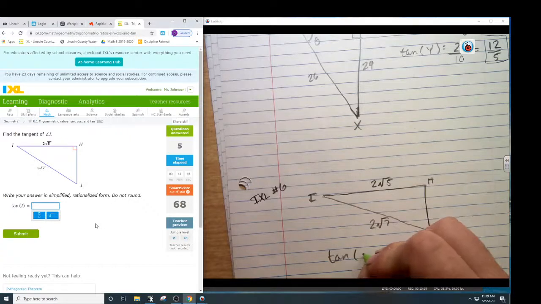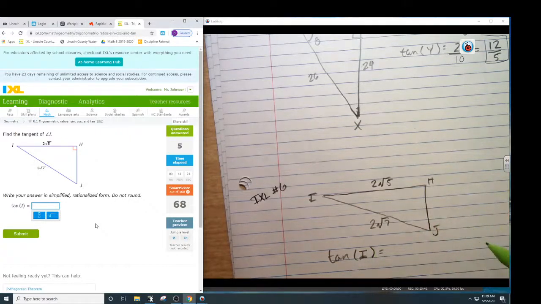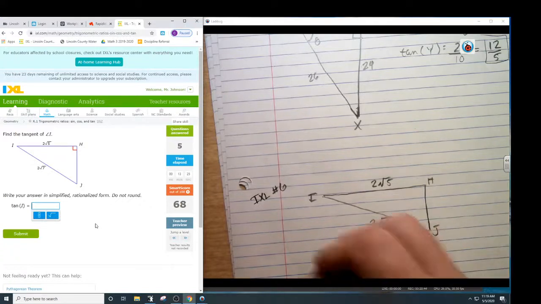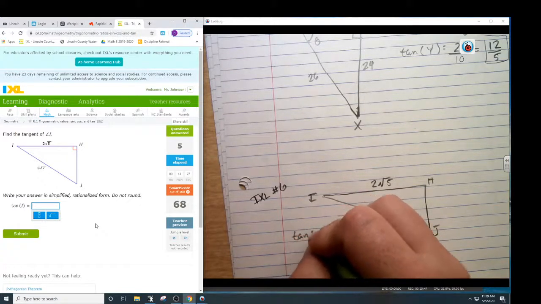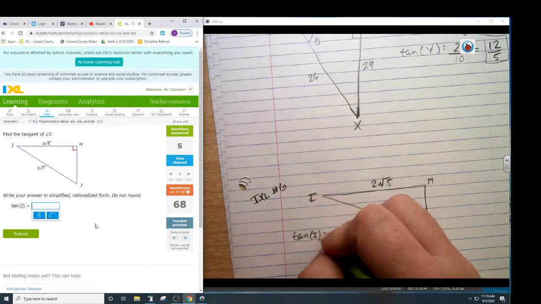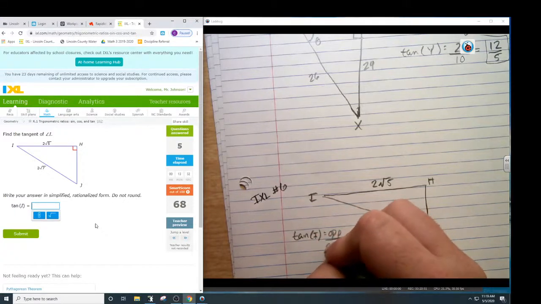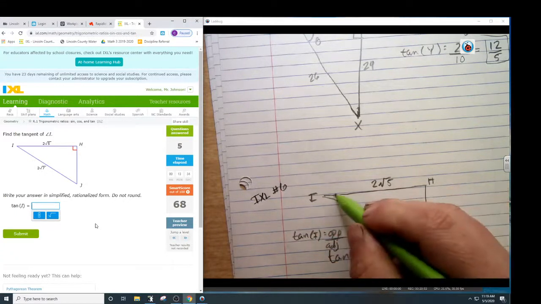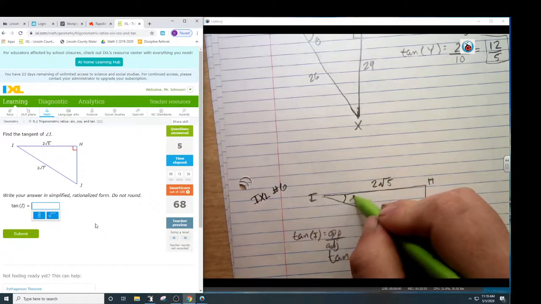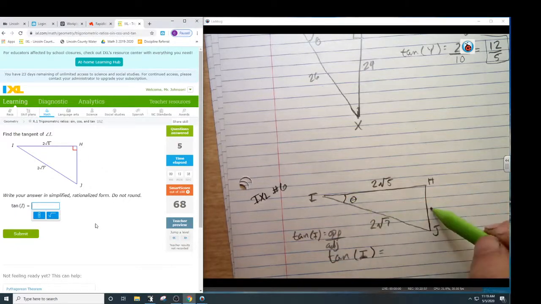Tangent of I equals, now, tan is opposite over adjacent, right? So tan of I is opposite over adjacent. The only problem is, here's our theta. The only problem is we don't have an opposite. So this is missing. I'm going to identify that as x.